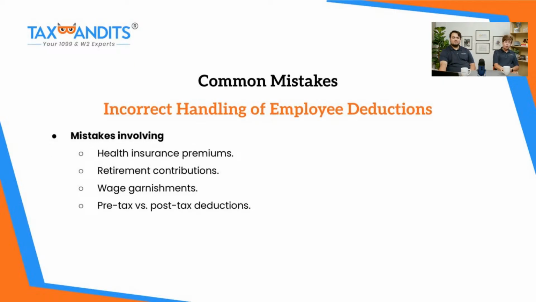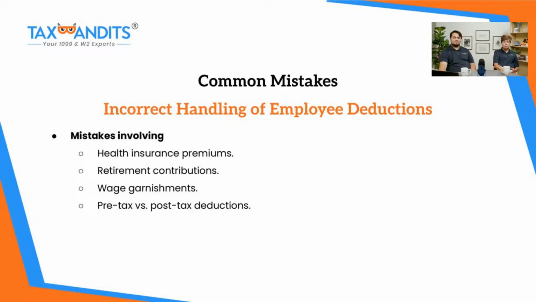So the incorrect handling of employee deductions, health insurance premiums: make sure you are fully aware whether your deduction is pre or post tax, because that's going to be a huge issue if you're not withholding it at the correct place. Retirement contributions, the same thing. Is it a traditional 401k or a Roth?